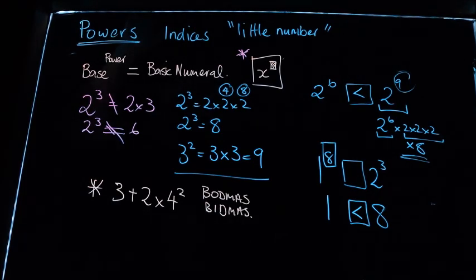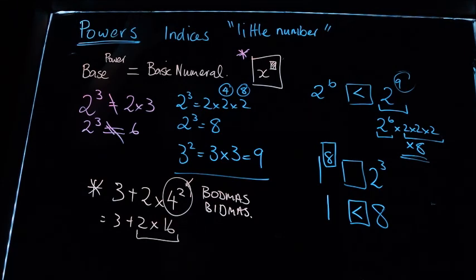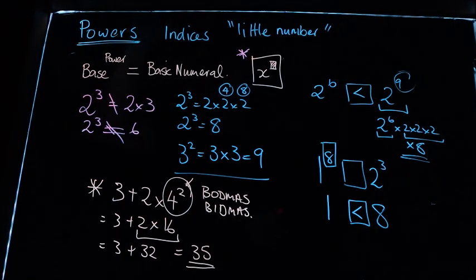So I know in this situation I need to take care of that power first. And what's that? I might need to write this out. The things I can't do, I can't touch yet. I've got to work this out. 4 to the power of 2 is 4 times 4 is 16. Then I do my multiplication, and finally I do the addition, and that's all equal to 35.